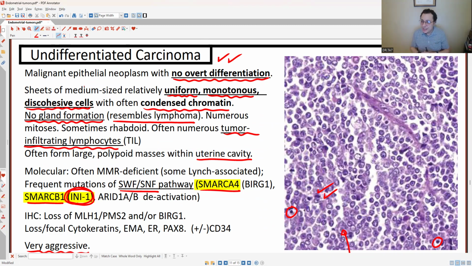The endometrium is a very rare site of metastasis, by the way. It's not like the brain or the lung or the liver. You'd rarely have a tumor which sends metastasis to the endometrium.